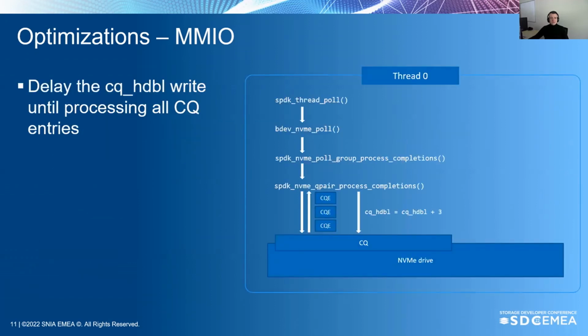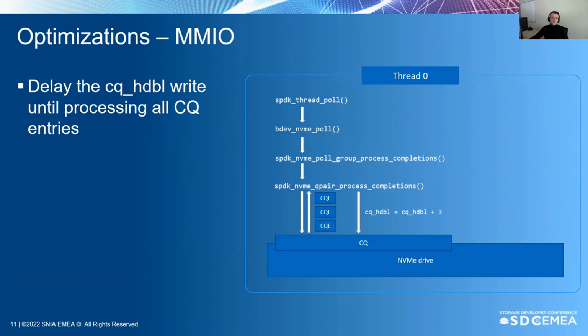So let's check the completion queue first. To notify a drive that we have read a completion queue entry, we need to increment the head doorbell. We could do that each time we see a new completion queue entry, but we could also just scan the completion queue, find all new completion queue entries, and then write the doorbell after that.